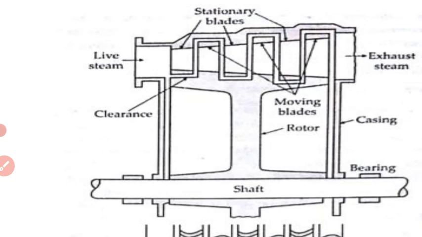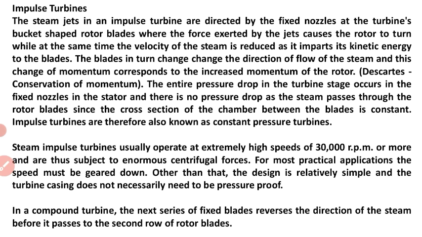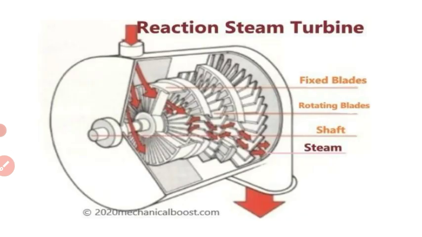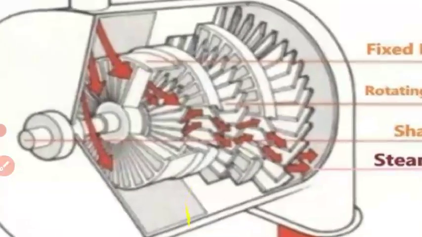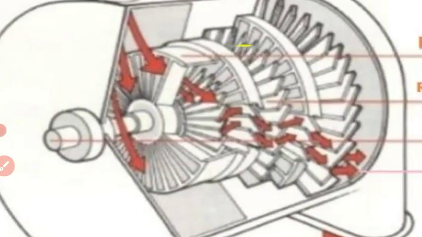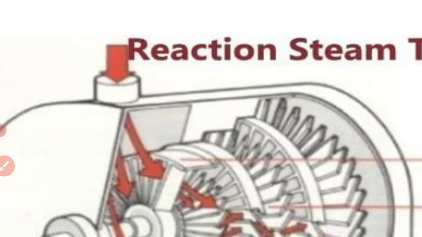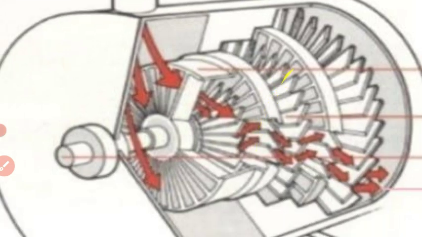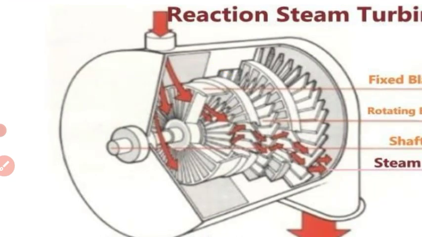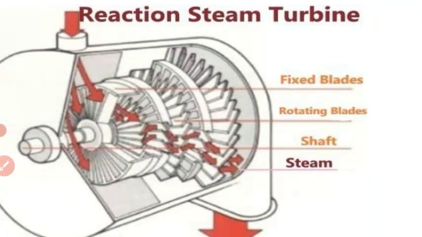So here you can see these are the blades. Here there is one very important point we can note. Let us have a first glance over fixed blades, rotating blades.